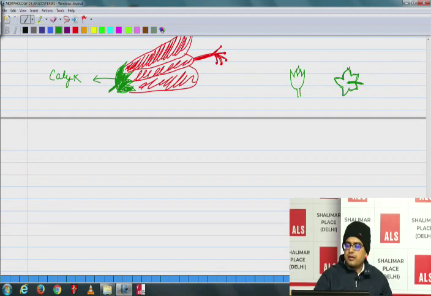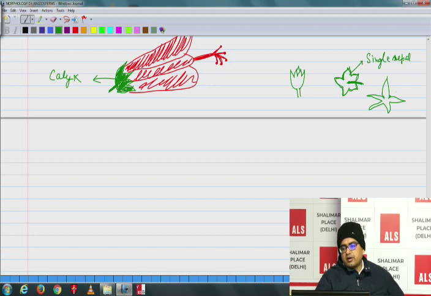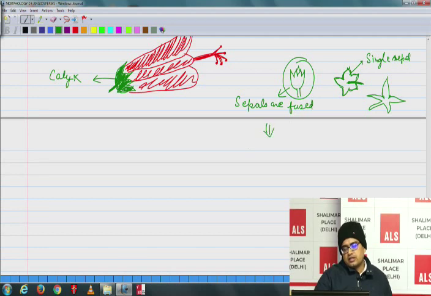And this is a single sepal. In some plants, they may be separated from each other like this. They are separated from each other, so you can easily take them out. In this condition, they are fused. If sepals are fused, then you call it gamosepalous condition.